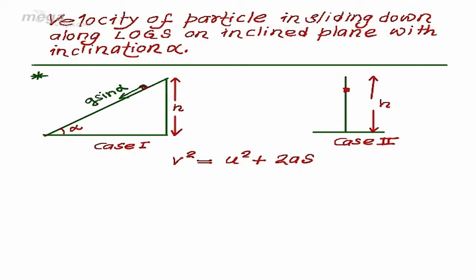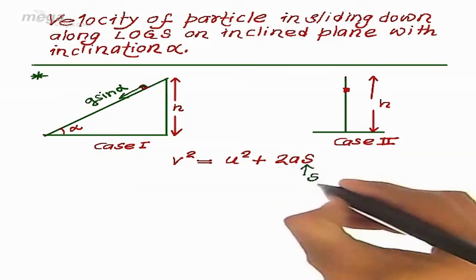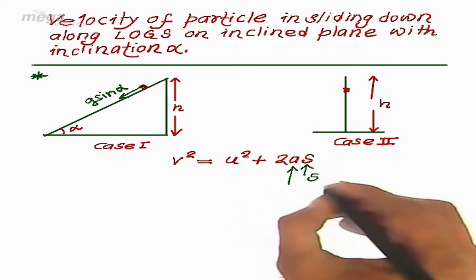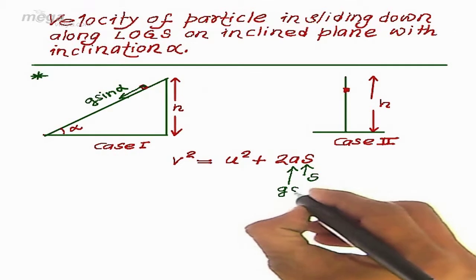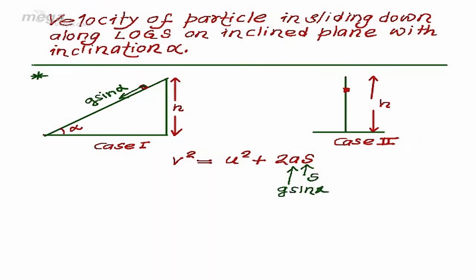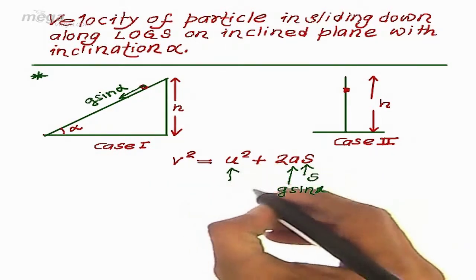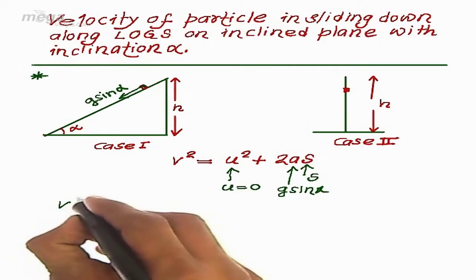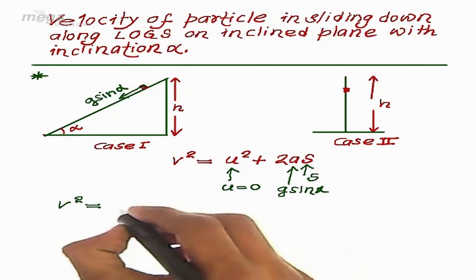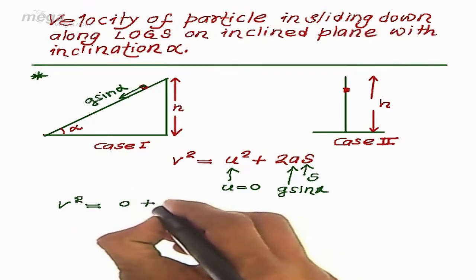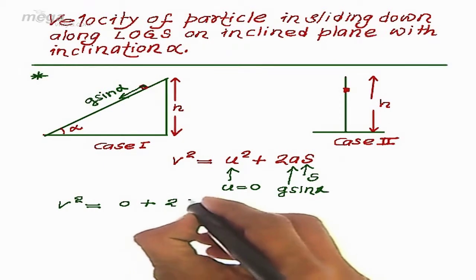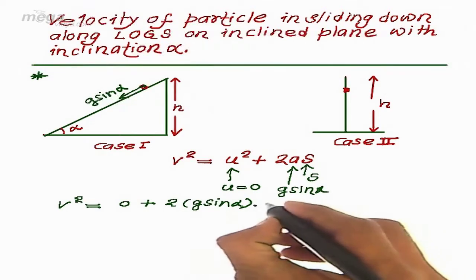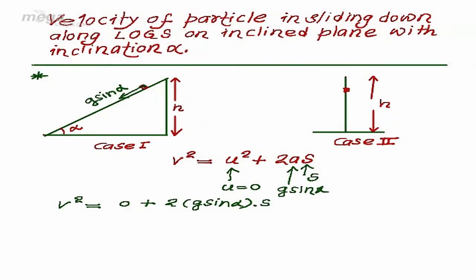Say it travels a distance s, then by taking these values of acceleration and distance, we can rewrite this equation for case 1 as v square equal to 0 plus 2 times g sine alpha times s, where s is the displacement on the inclined plane.